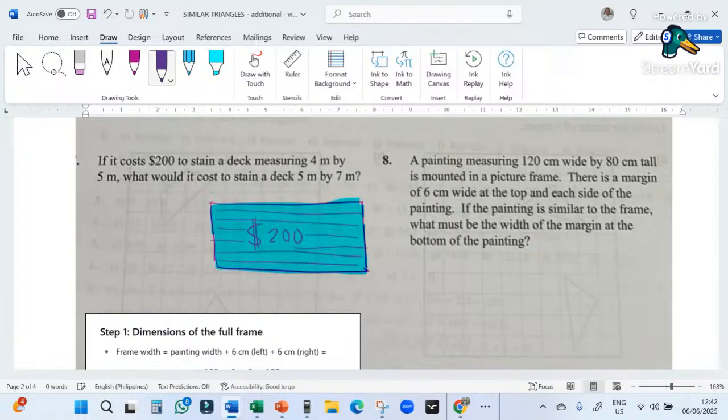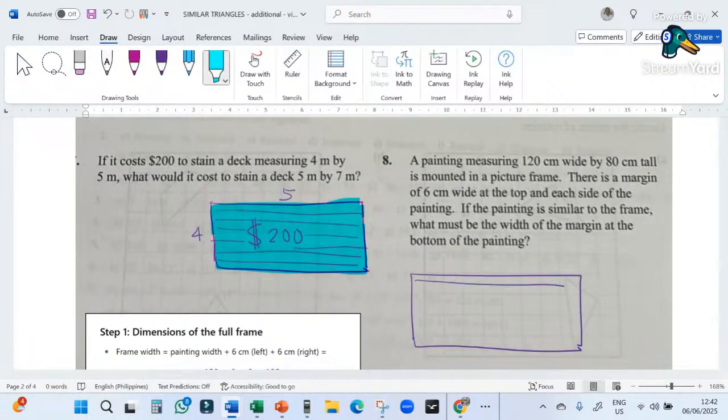What would it cost to stain a 5 meter by 7 meters? So it's a ratio and proportion thingy. So if this is costing $200, how about a 5 by 7? How much will it be?